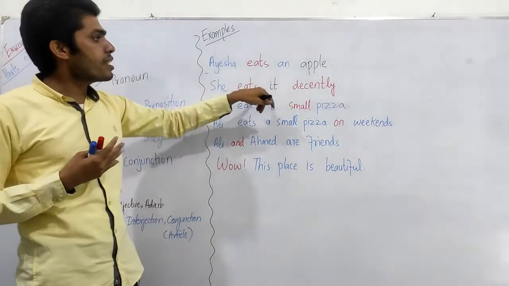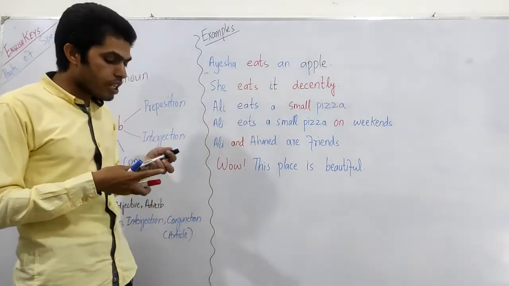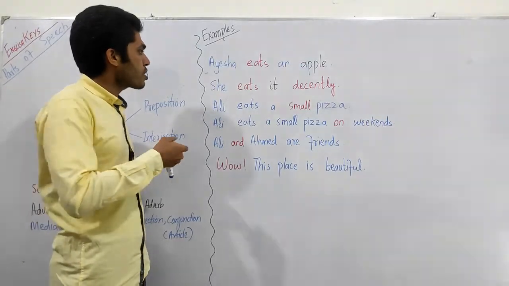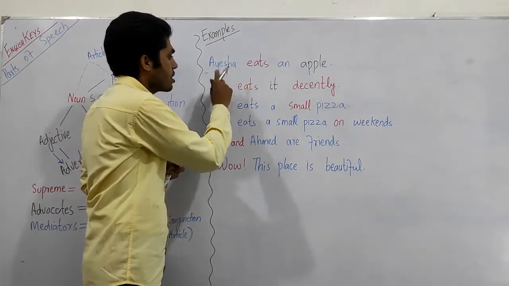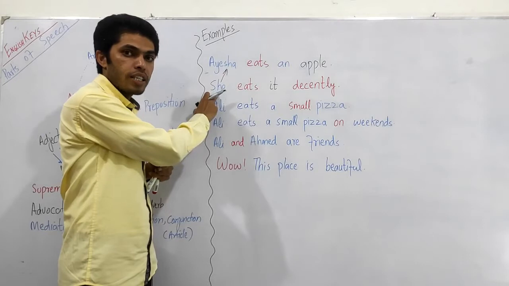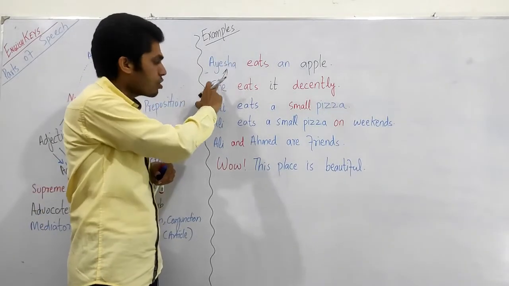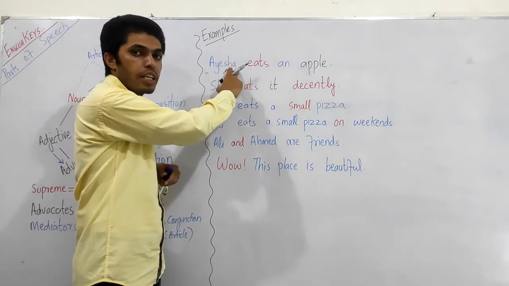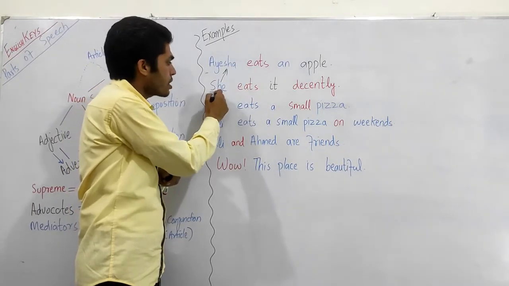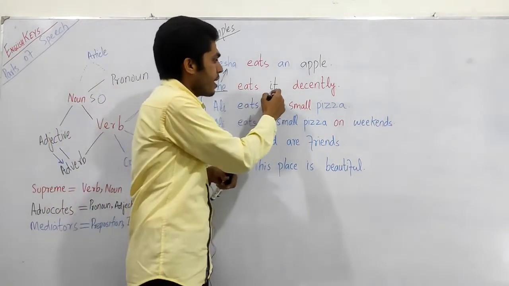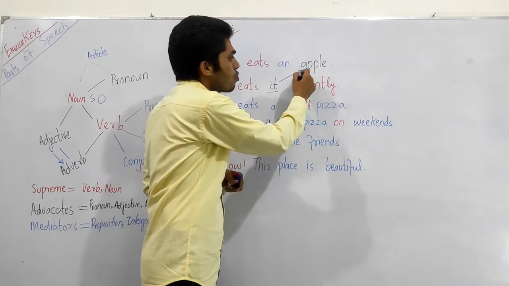Then: she eats it decently. Now this 'she' actually refers to Aisha. This 'she' comes at the place of Aisha. As I told you, a pronoun comes at the place of a noun. Now this 'she' is coming at the place of Aisha, that's why it is a pronoun. She eats it. Now this 'it' refers to apple.